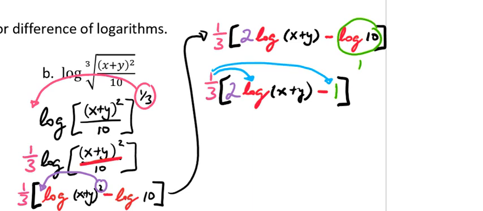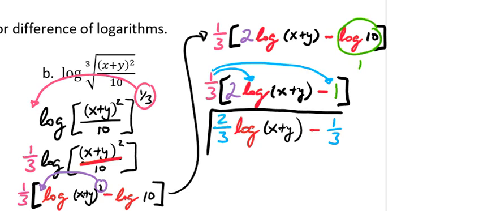As we distribute it to this first term, we're really distributing it to the 2 that's there. So this is going to turn into 2/3 times the log of x plus y minus, and again, I'm taking that 1/3 and multiplying it to that 1, which is going to give me 1/3. And now I've written this in simplified expanded form.